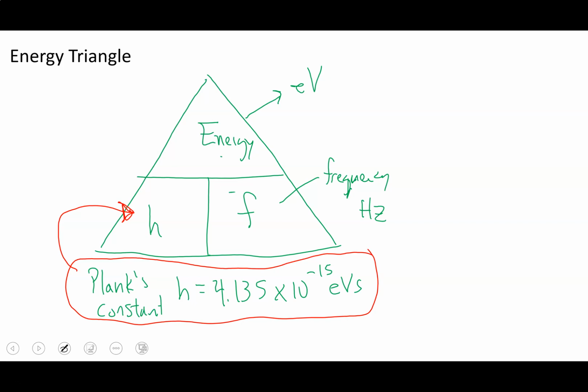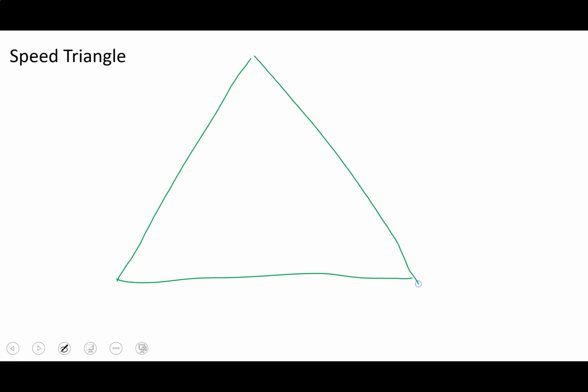Now sometimes we don't always have the frequency. So we have another triangle, that's our speed triangle. Now this is because light always travels at the same speed. So the speed is always going to be referred to as the speed of light. And this has a letter that we like to use. It's the letter C, and it's a constant value again.